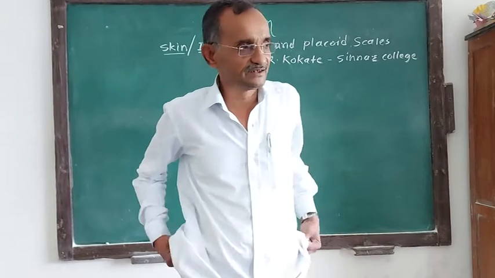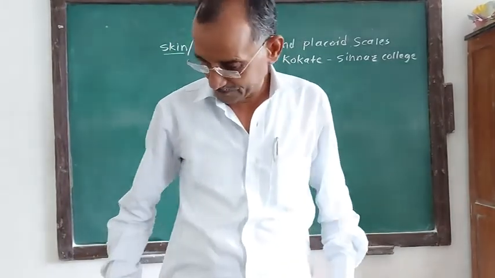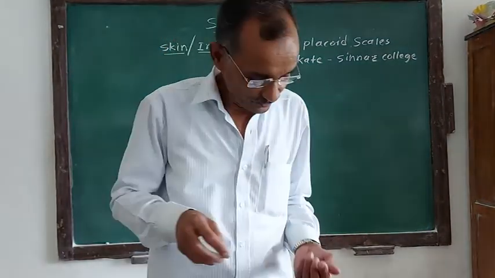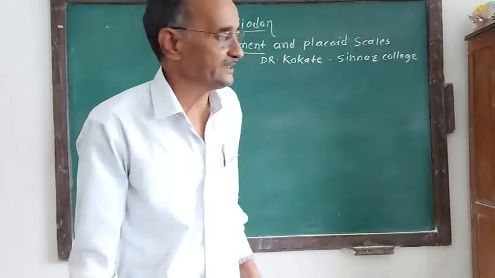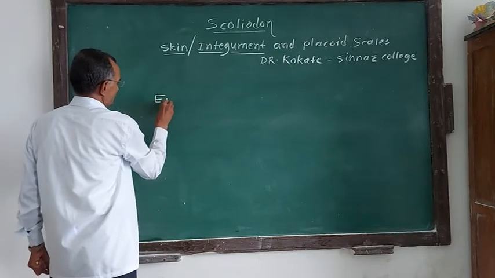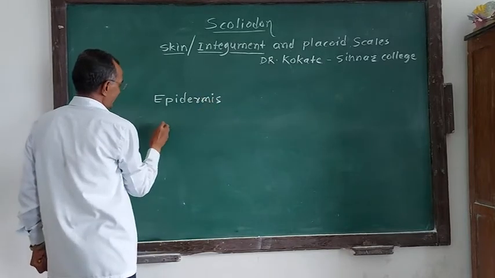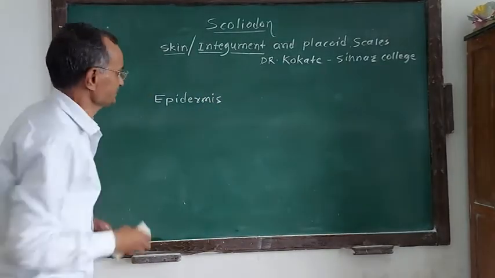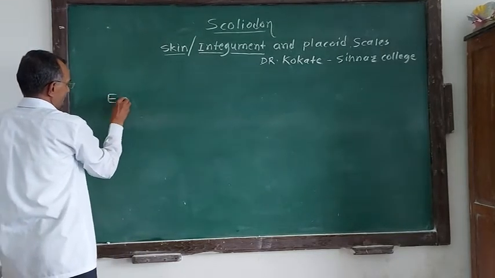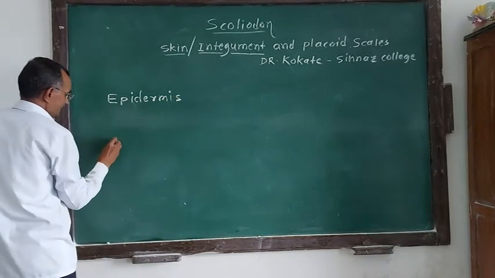In all chordates, or in all animals, skin is for the purpose of protection, and this skin has two main layers: epidermis and dermis.